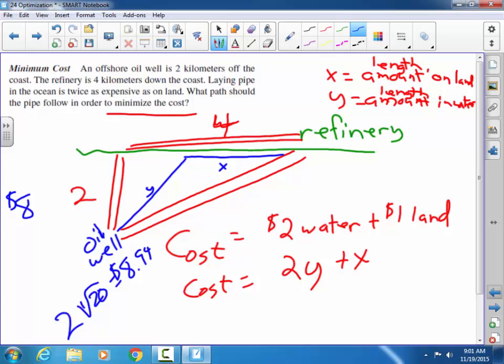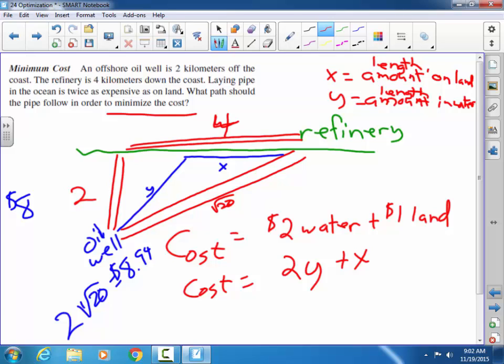All right, so I think I can figure out a blue that's going to be less money than either of those. Okay? How do we get $8.94? We figured out that this distance right here is the square root of 20. And the cost for laying it in here is twice as much, so 2 times the square root of 20.